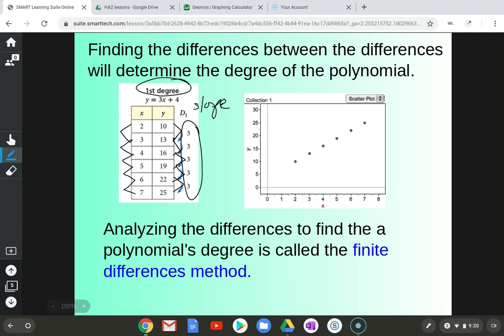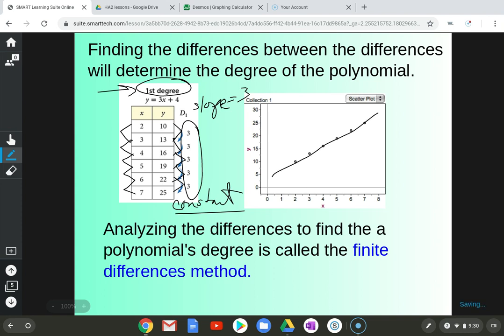Since our slope is constant, the numbers are all the same, and we have a first degree function. And technically, since our y changes by 3 for every x change of 1, our slope is a constant of 3. And if we graph the data, the function looks linear.